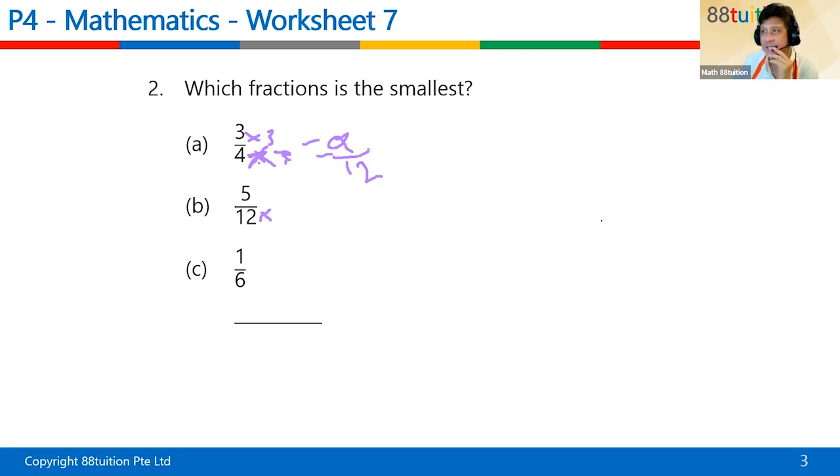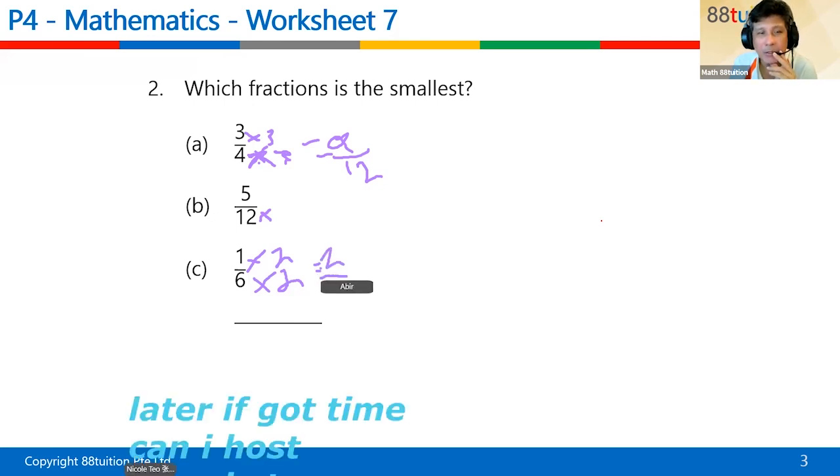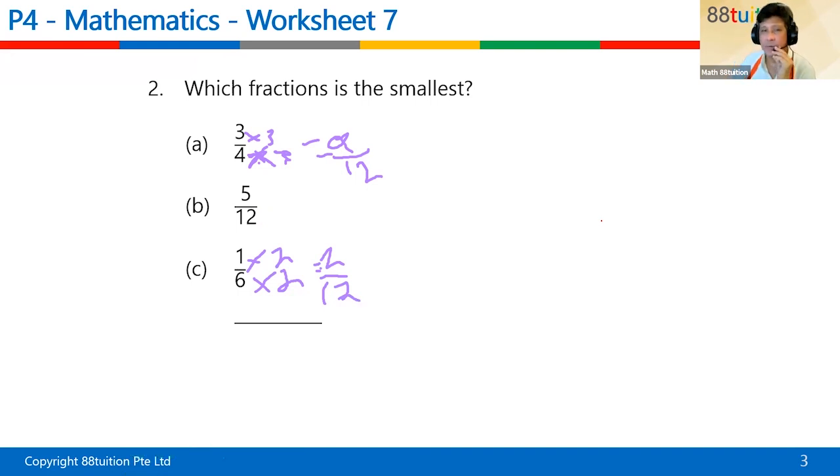You need to do C. Okay, so you can see he's doing C now. Yes, 6 times 2, that will get you 12, right? Okay, so now that he is able to do that, let's look at all the different numerators. Yeah, Nicole, later on when we have a break.